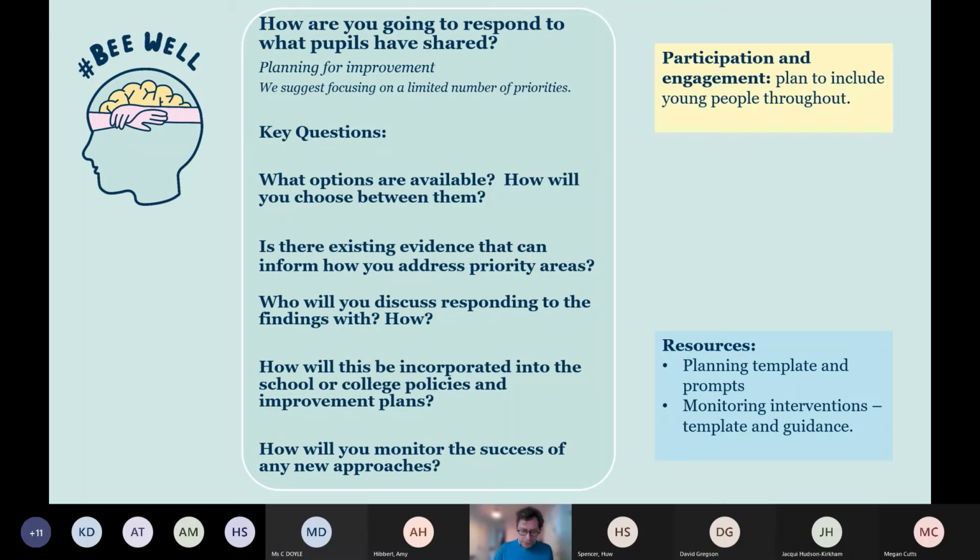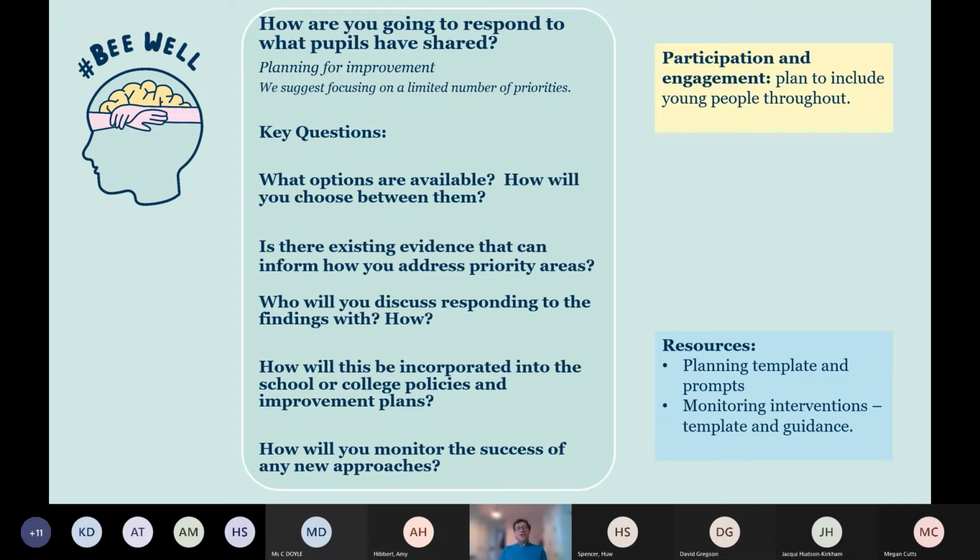Do we need to engage with the local statutory service providers or the voluntary sector providers that are in our area to see where they might be able to help in terms of response? They might have ideas as to what you can do. They may be able to do some specific work within your school. There are lots of people out there who potentially can help, and by discussing your response with them, that can bring them in, and they can be part of the journey that you're on.